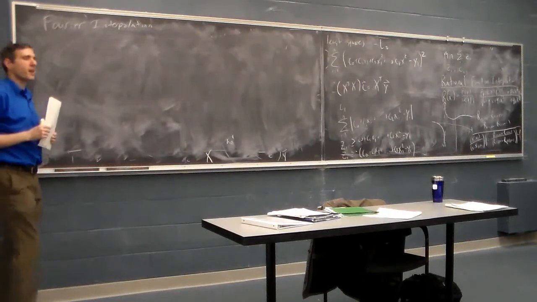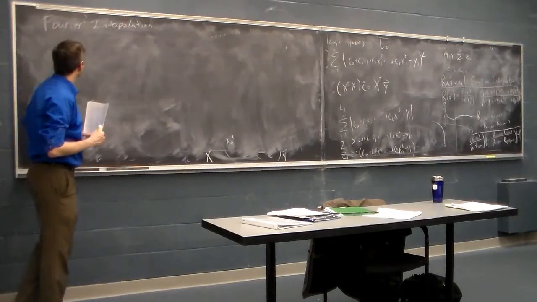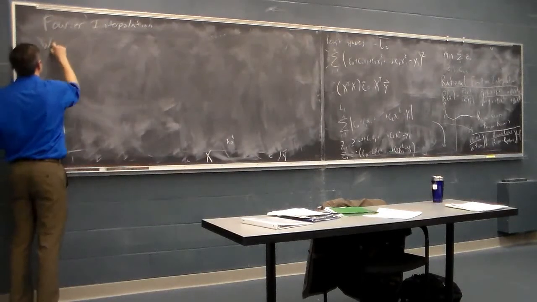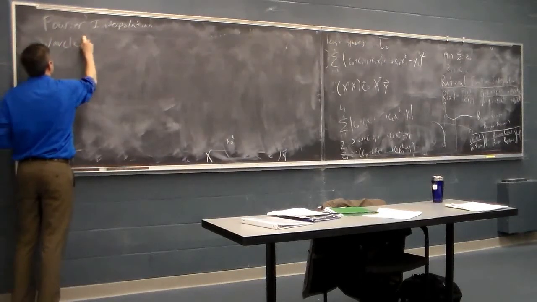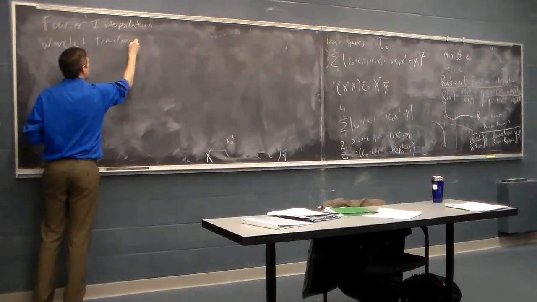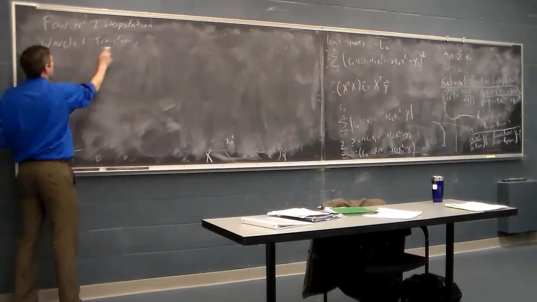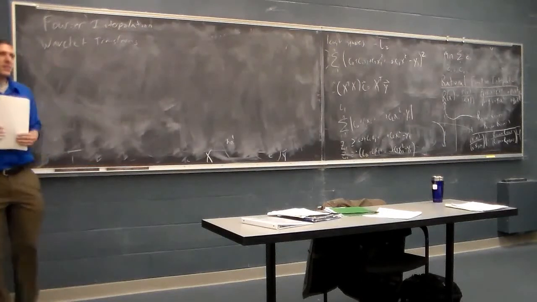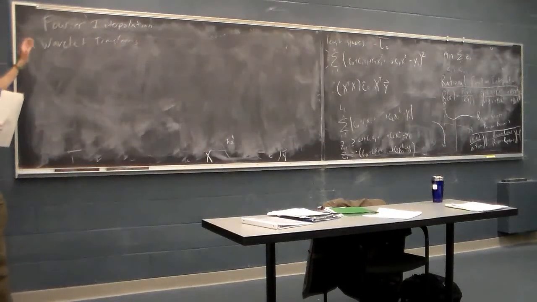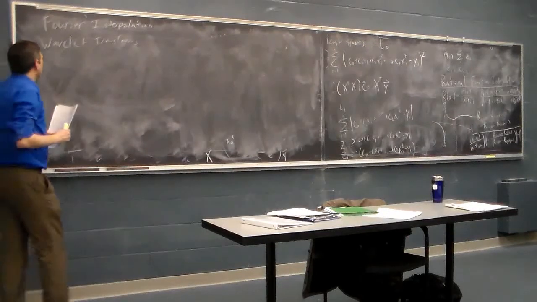That's another kind of approximation that's often very useful. And there's a related thing you see a lot in signal processing contexts called a wavelet transform. So wavelet transforms can also be used to do a kind of interpolation that's similar to these. But these are things you can learn more about in other places. There are some references in the text if you really want to know about these.